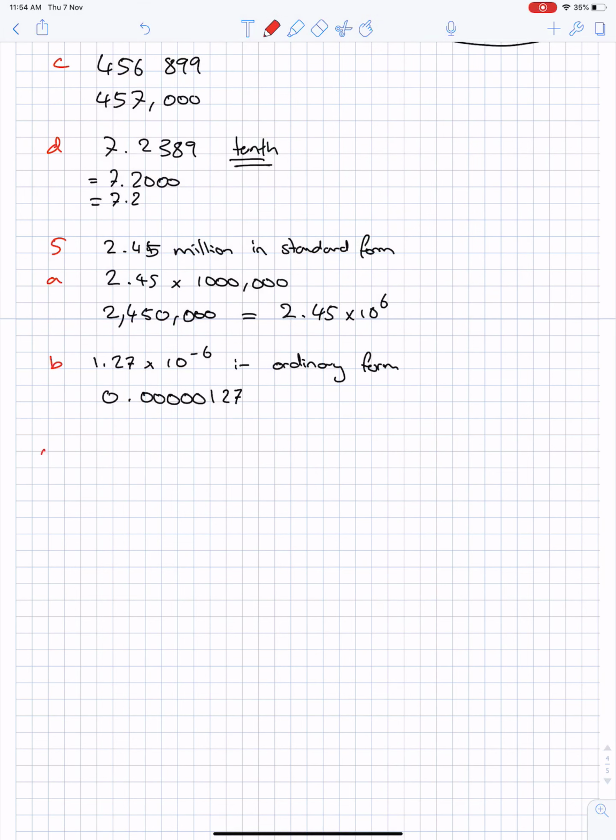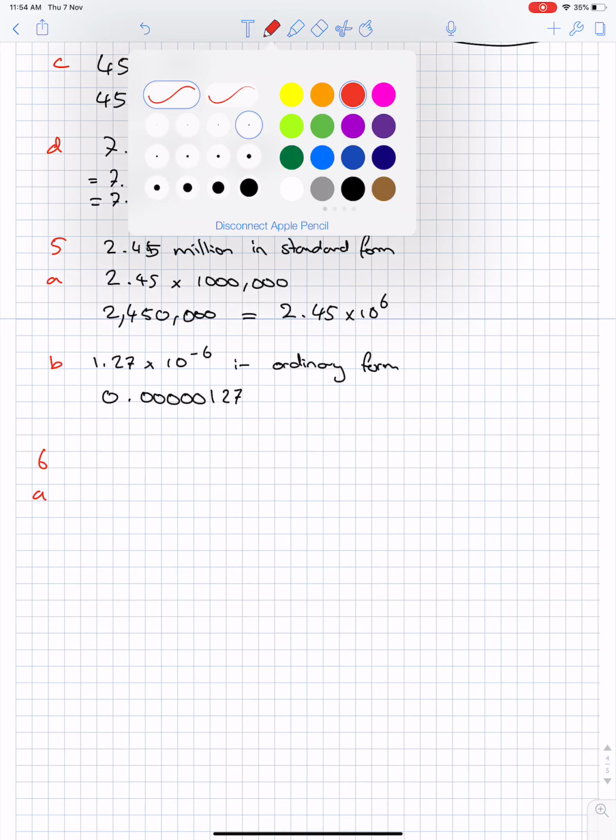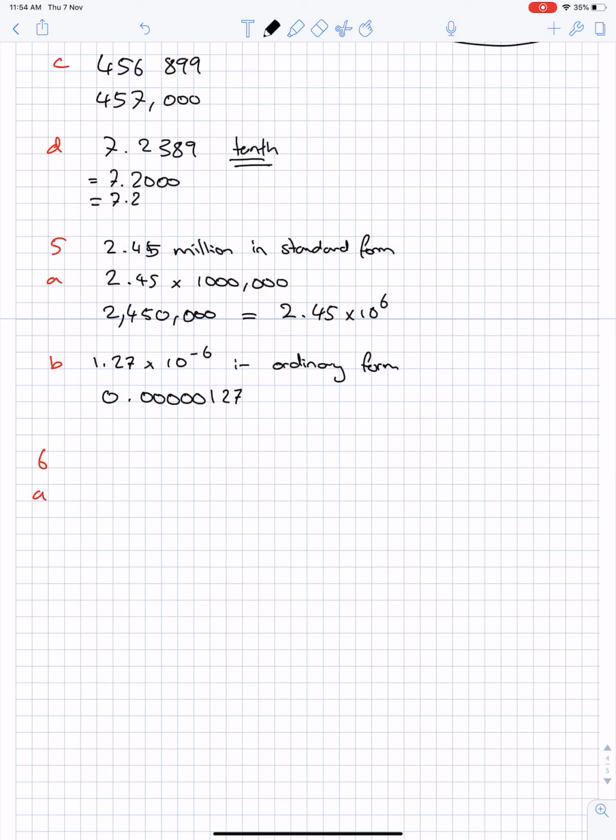Question 6A. Okay. Question 6A says Trinity wanted to buy a pair of the following items.